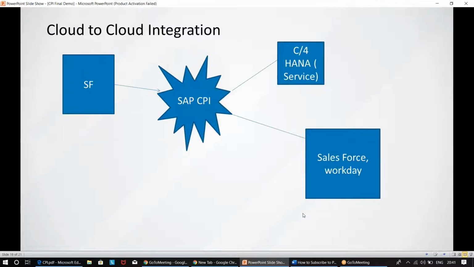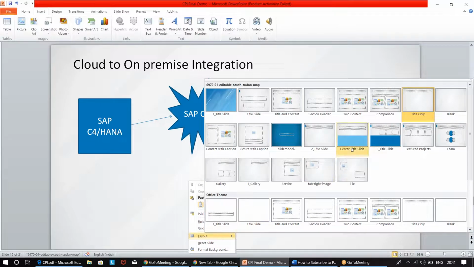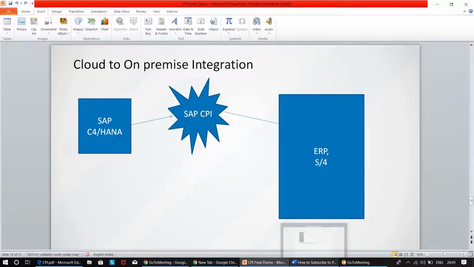Okay, let me. I think this has changed a particular pattern.